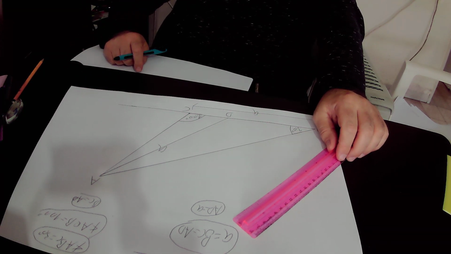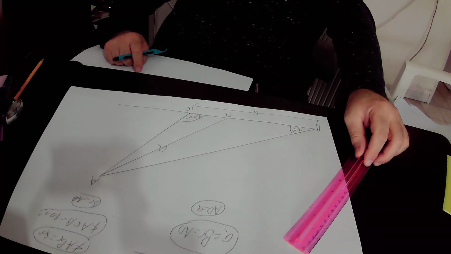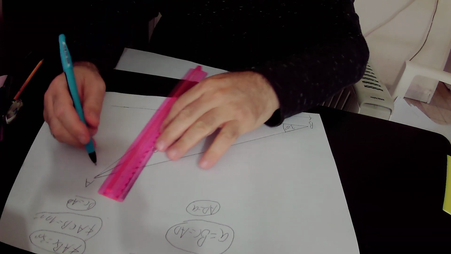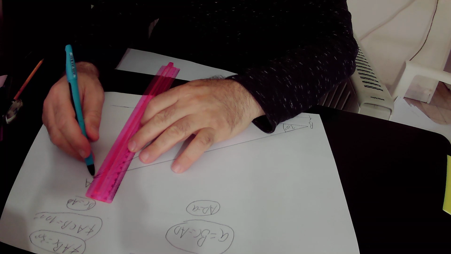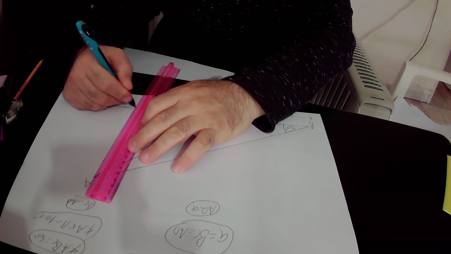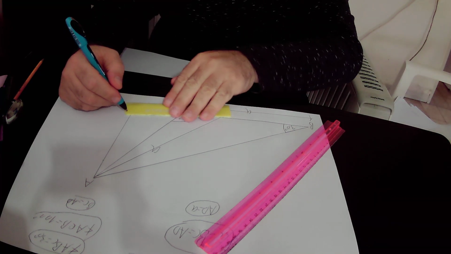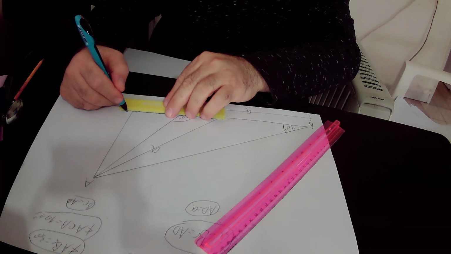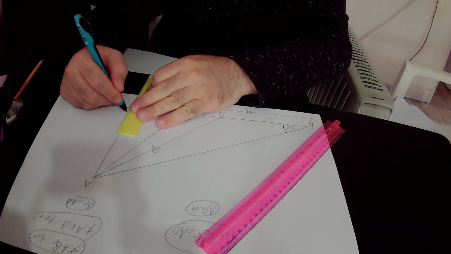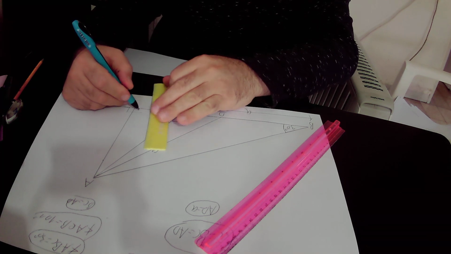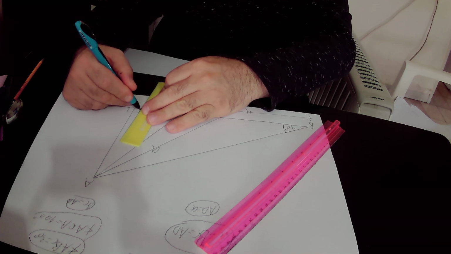And from point A, we will draw a perpendicular to the extended BC. So this angle will be equal to 90 degrees, and this angle will also be equal to 90 degrees.